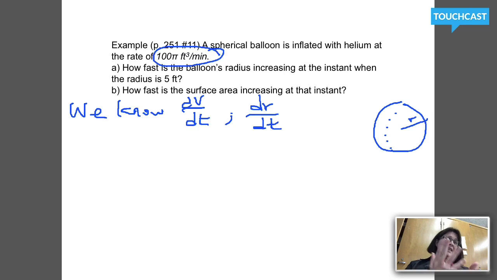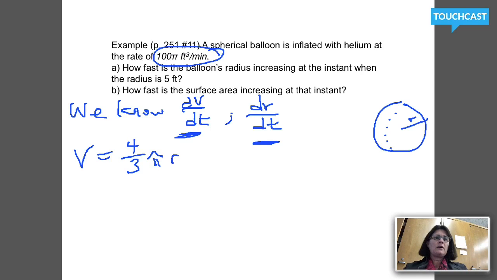I need to write an equation that relates, at the very least, V, because I know dV/dt, and r, because I need dr/dt. So I hope this is an obvious choice. I know already volume of a sphere, 4/3 pi r cubed. And it doesn't have to be any more complicated than that. There is this one equation that relates volume and radius with no other variables.